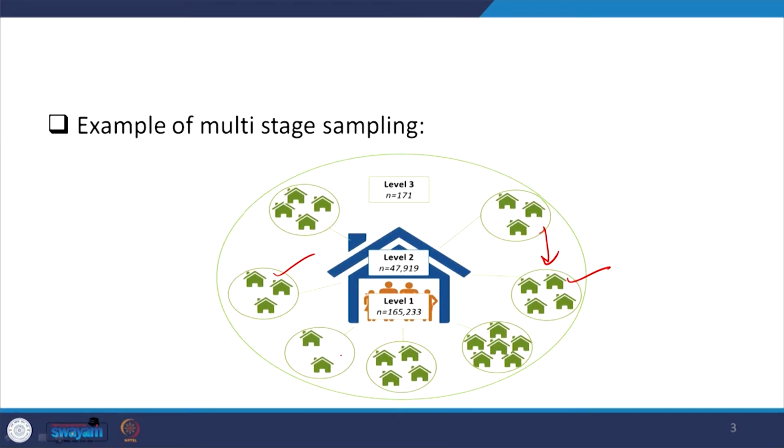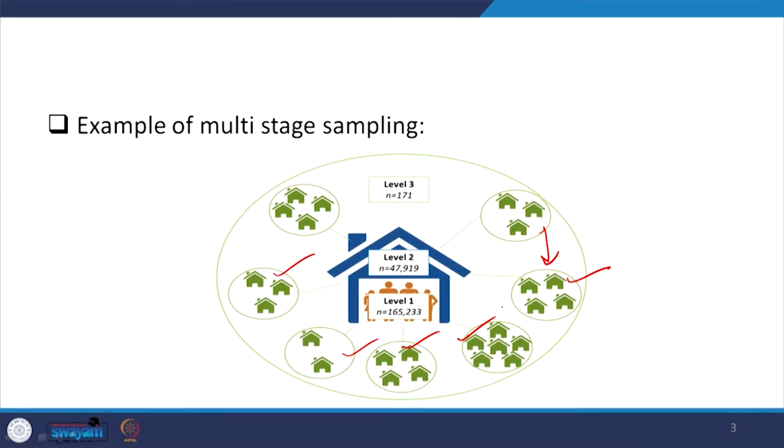Here we are considering different possibilities, and the number of individuals is expected to be higher because in the population itself the total number of individuals is higher. So, the sample size accordingly also increases. Therefore, level 3, level 2 and level 1 identify different stages of sampling. Now, it depends upon which exact sampling technique is adopted.